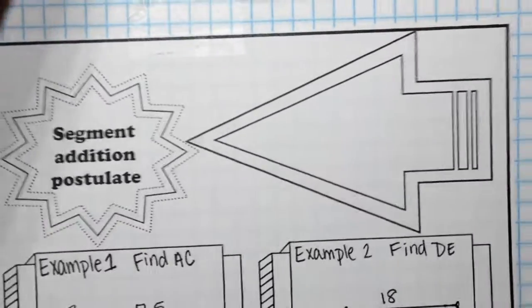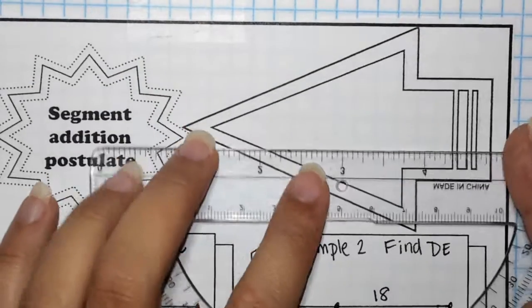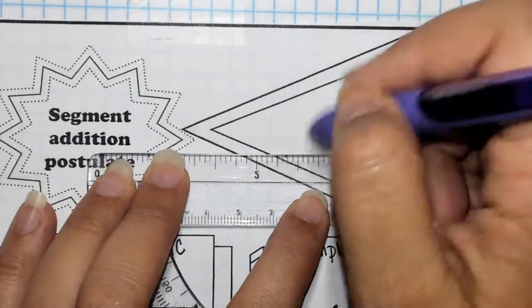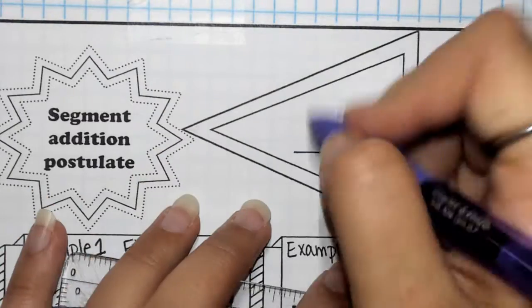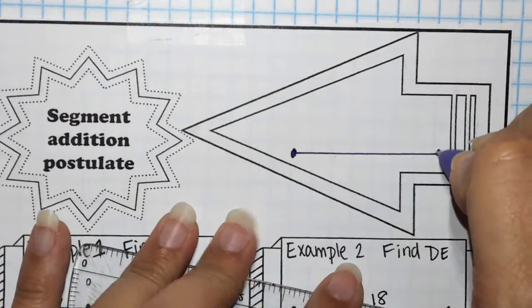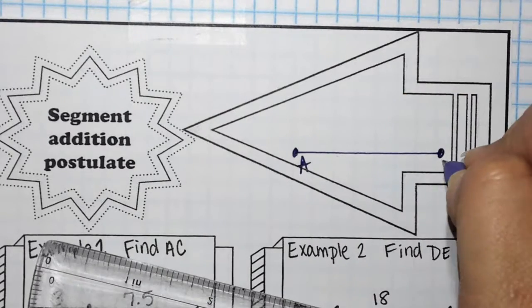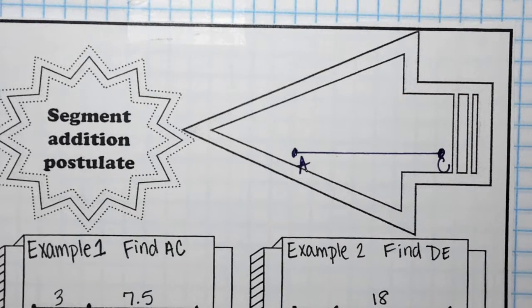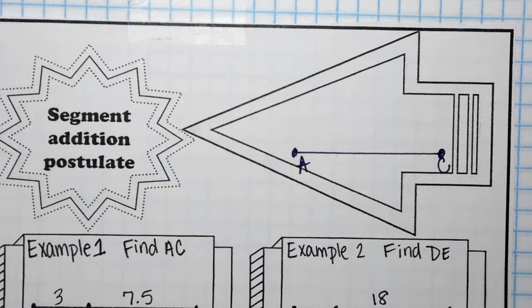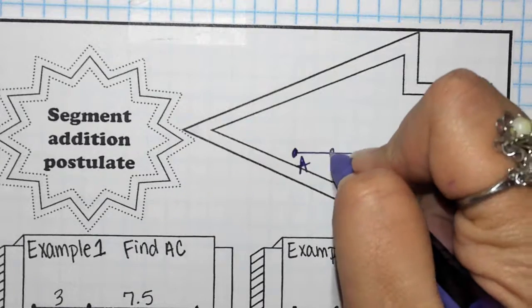Please use your protractor or ruler and let's create a straight line and not a curve. And I want you to put A on one end of the segment and C on the other. If B was in between those, where would it go? It would go anywhere on the segment, but it has to be in between, right?